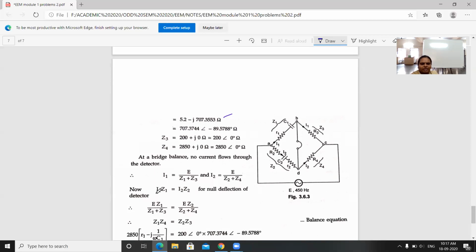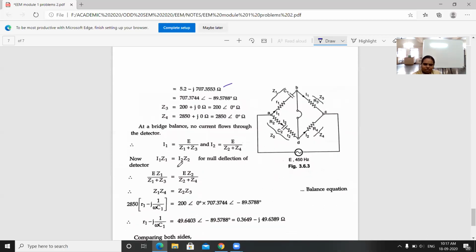When it's balanced, I1 Z1 is equal to I2 Z2 for null deflection of the detector. Based on that, I can write E into Z1 divided by Z1 plus Z3 is equal to E Z2 divided by Z2 plus Z4.